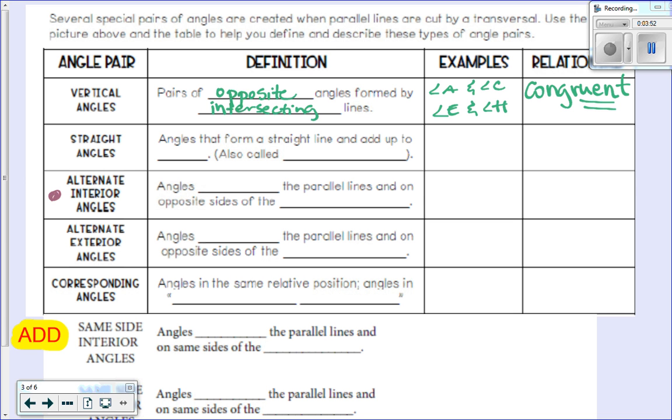Okay? Straight angles: angles that form a straight line and add up to, you got it, 180 degrees. Also called supplementary, right? You learned that last week.